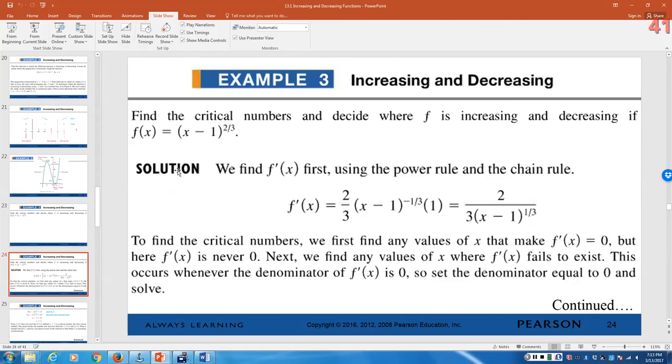So here's your first step. You got to take the derivative. And when I take the derivative, I bring the power down in front, that's the 2/3. And then I reduce the power by 1, and 2/3 minus 1 is -1/3.